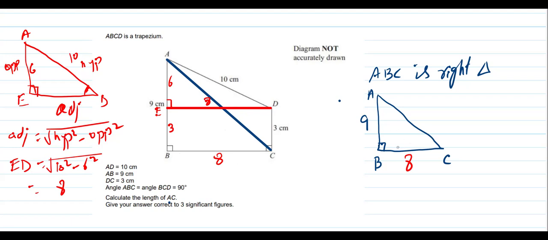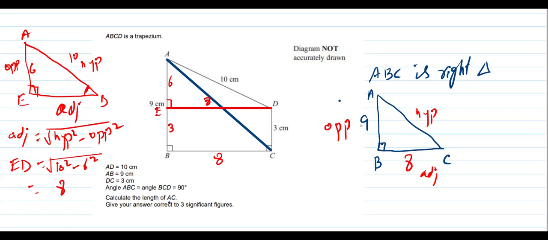This is 8. So now you have 1, 2, and the third thing you can easily find. As you need to find AC, AC is the hypotenuse of this one. This one you can say is adjacent, this one is the opposite. Even if you call this opposite and this adjacent, it will not affect it at all, because no angle specification is there.